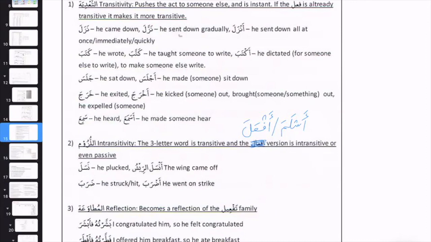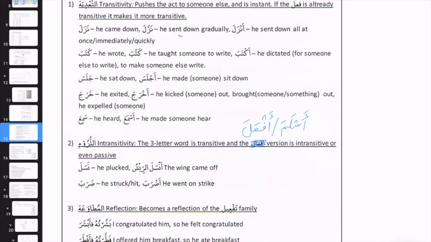So now it is making it intransitive. So we're using this masdar of this family, converting into intransitive. So that happens too. Daraba means he struck, and adraba means he went on strike. So now he went on strike, meaning the action is happening to himself, right?